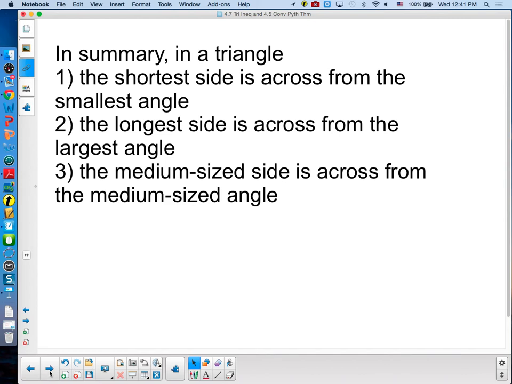Okay, and on this one, let's go YZ compared to XZ. What does it sit across from?